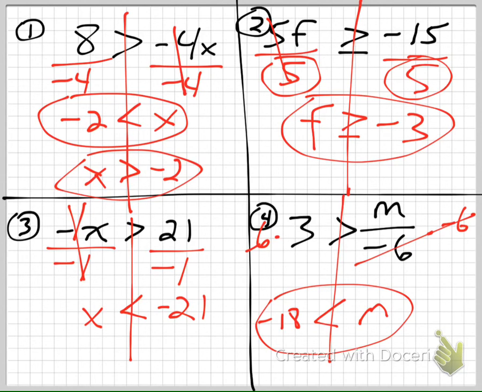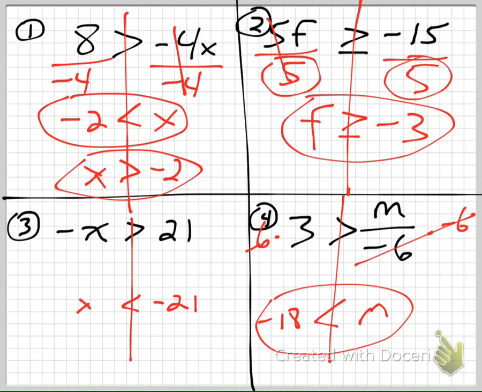I want to show you the shortcut to this. Here's the deal. If you ever get it like this, where the variable is a negative, notice what happens here. When I multiply him by negative 1, you see what actually happened to it? It ended up being x is less than negative 21. Every sign that's there simply gets flipped.